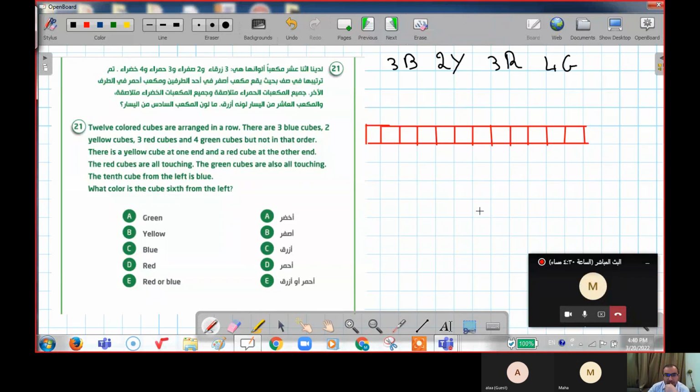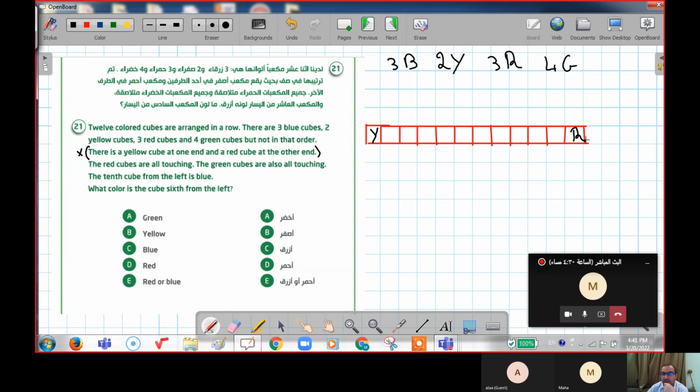Now, we're gonna start from here. Repeat, Maha, just this sentence. There is a yellow cube at one end and a red cube at the other end. Okay, what does that mean? It means the first cube is color yellow, and the last cube is color red.